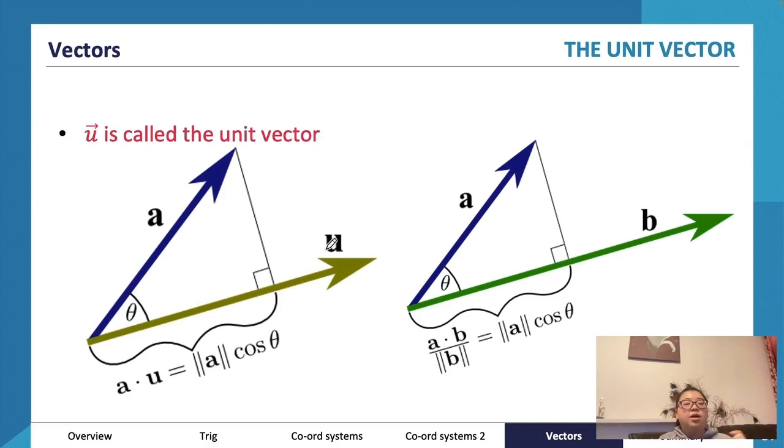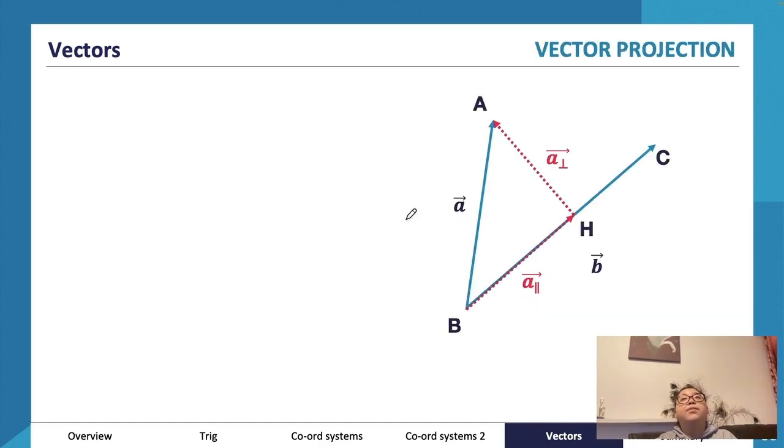Because it's one unit. So it still has the direction of what it originally had, but it no longer has the magnitude of it, so it can be used in a really helpful context. And the most helpful context it's used in is something called vector projections.